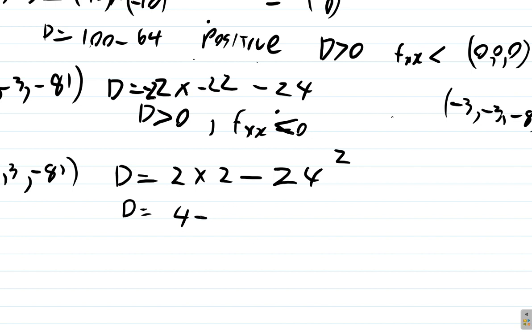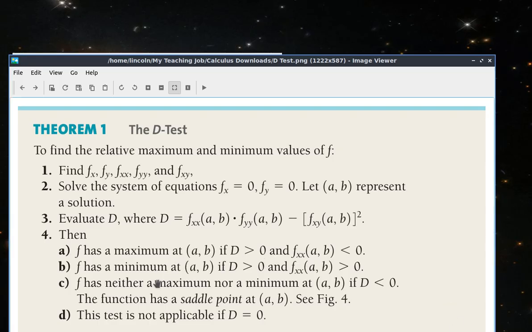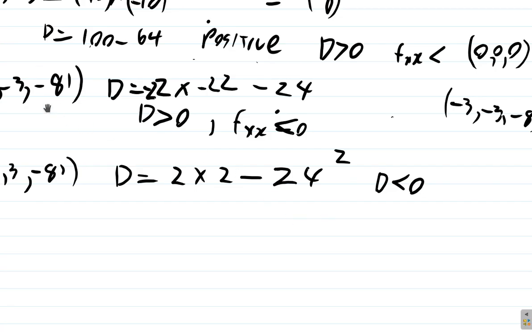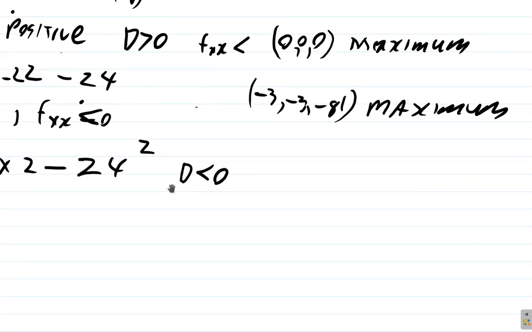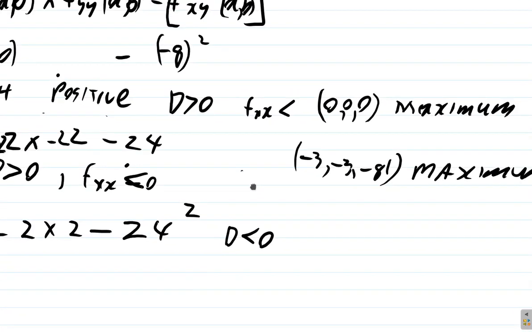That's a negative number, definitely negative. So we don't have to worry about this. So D is less than 0. According to our formula sheet here, when D is less than 0, the function has a saddle point. So you can see here at 3, 3, negative 81.